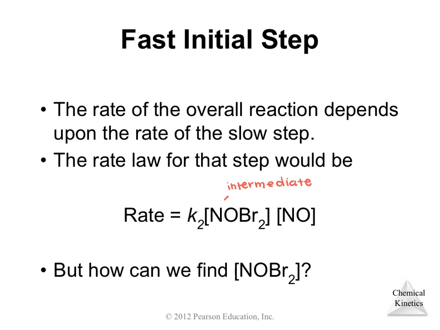The problem is that is an intermediate, which means that we know it disappears very quickly. We actually have no way of measuring its concentration. And in order to use this rate law, we have to know the concentration of that thing. And so we are going to have to do some work here to substitute in what we do know for the part that we don't know.